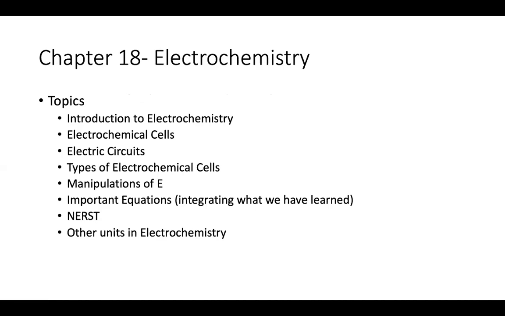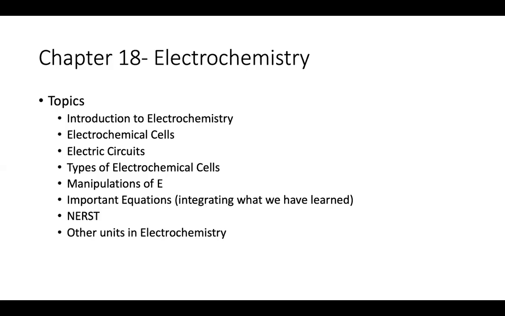So these are the main topics from chapter 18, namely the ones we're covering tonight. We're going to go through an introduction to electrochemistry, then look at an electrochemical cell, have some quick notes on electric circuits, or just circuits in general. Then we're going to go into types of electrochemical cells, which are really important.